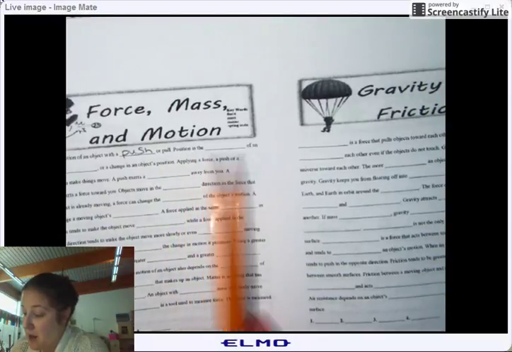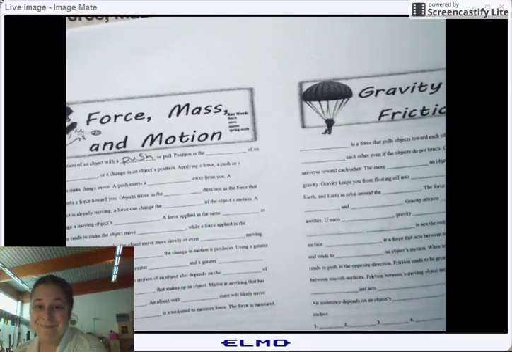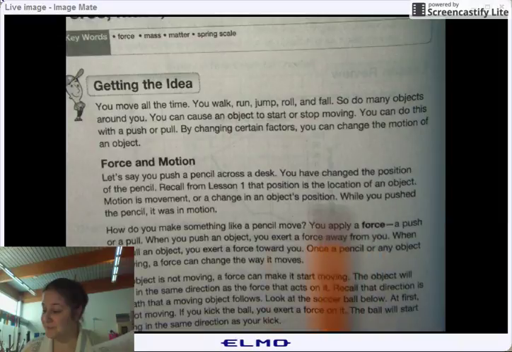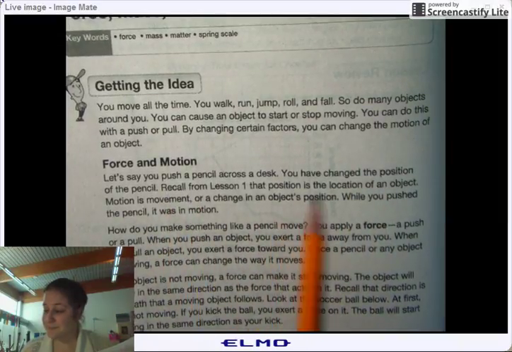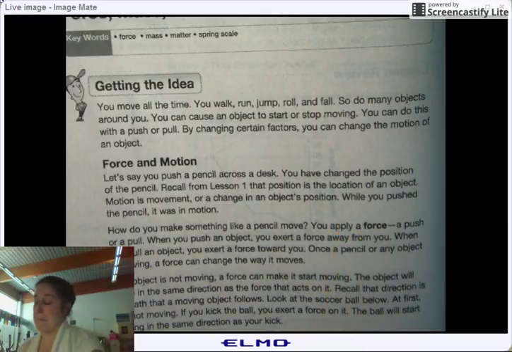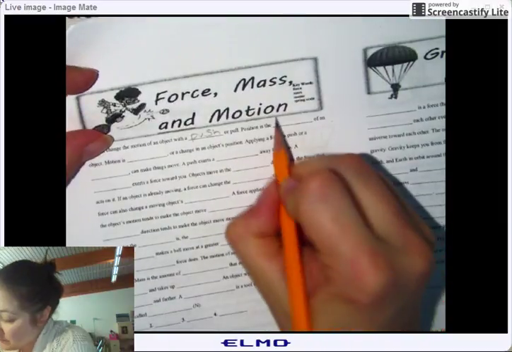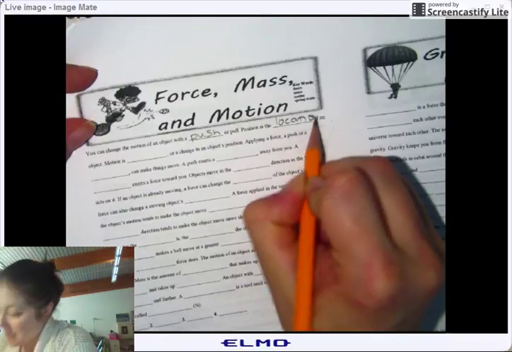Position is the blank of an object. Yep. You should have said location of an object.